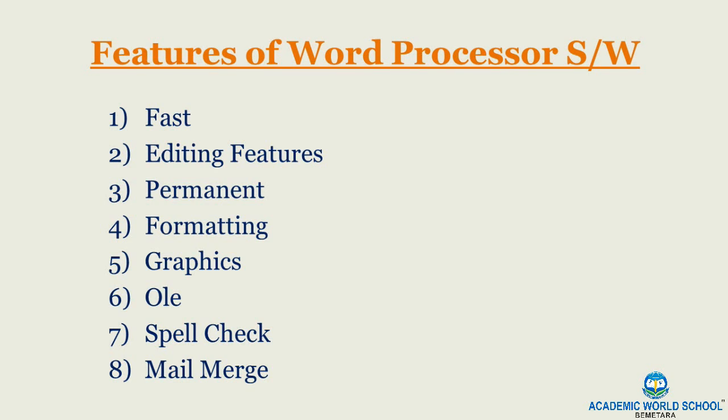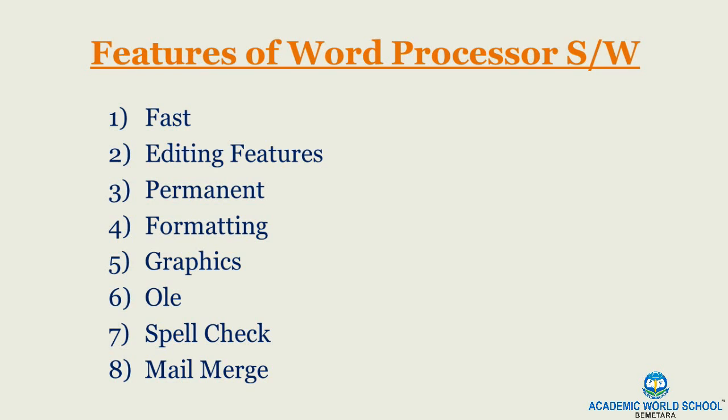Suppose you are working in any Writer software and you want to use Calc in it, the software which is used for calculation work. So in Writer you want to use Calc, at that time you can link or embed it in your Writer. So with this feature, suppose you are writing a letter and in that you require a table, using Calc you can use a table in Writer.